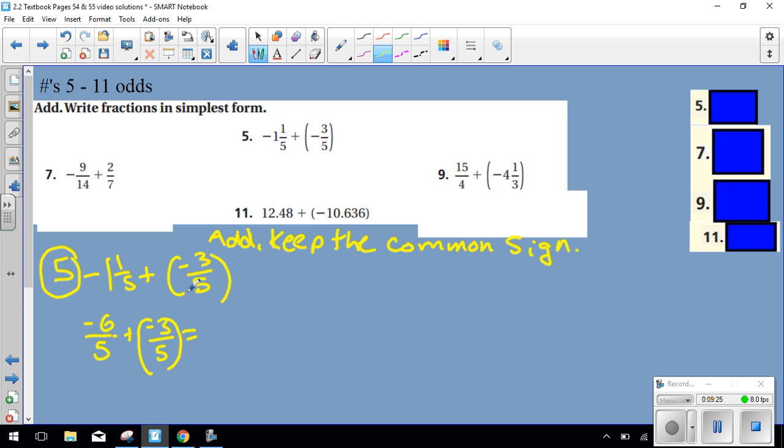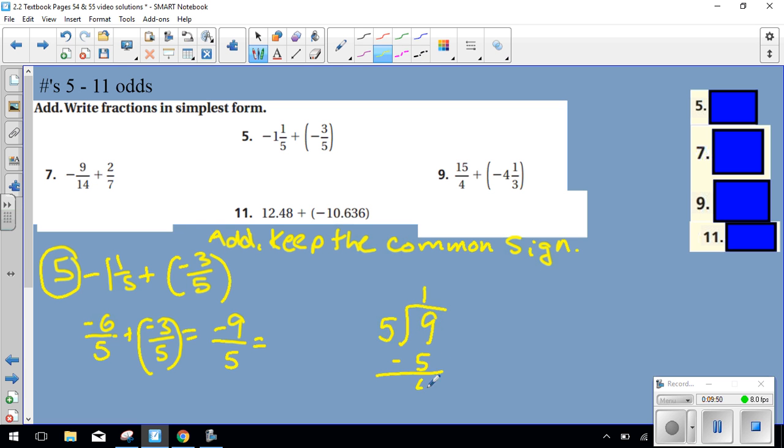Parentheses, not absolute values, two different things. So negative 6 plus negative 3 is negative 9/5. Now let's make that a mixed number. Numerator or dividend goes in, denominator or divisor stays out. 5 goes into 9 one time.